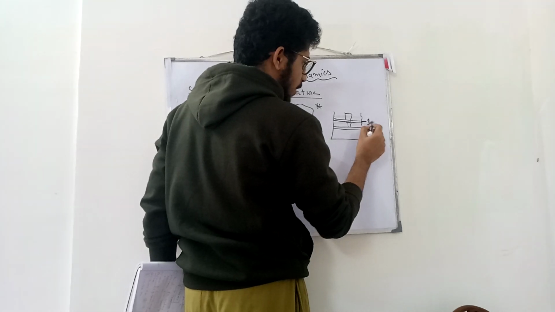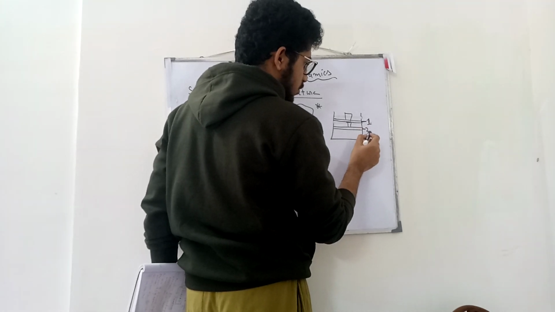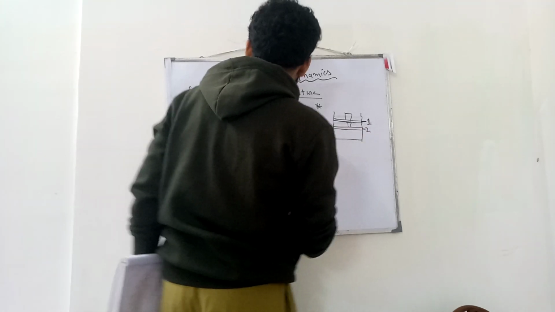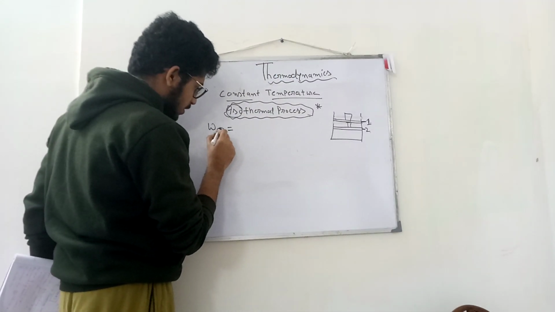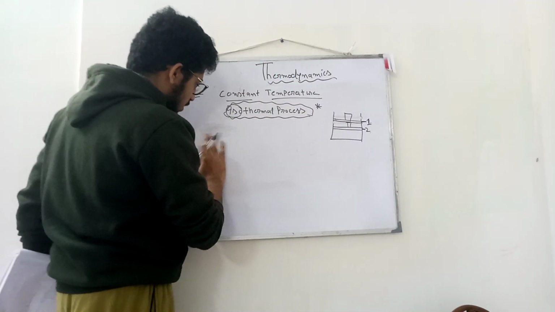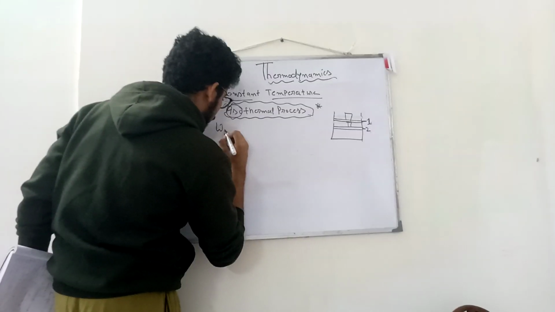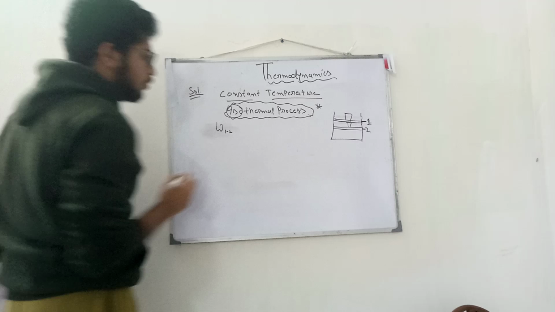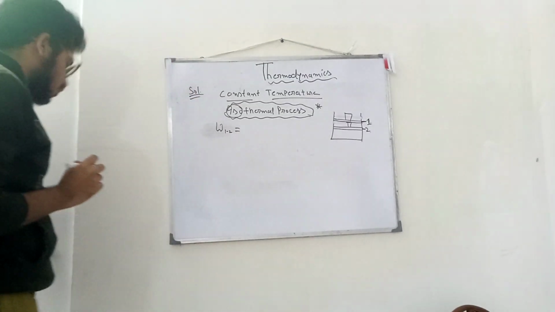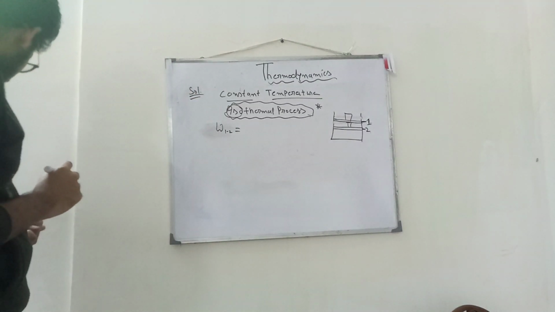So it is going from 1 to 2, from the initial state to the final state. That's why we denote it 1 to 2. This is not 12, this is 1 to 2.